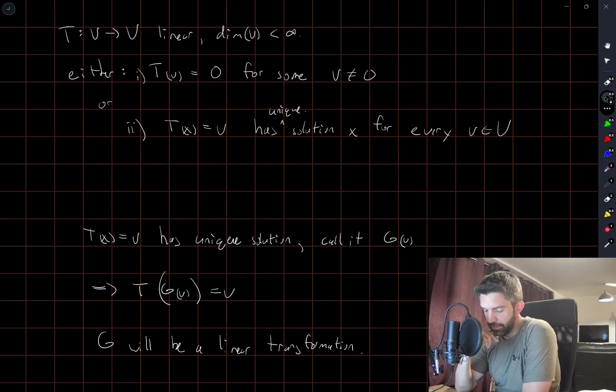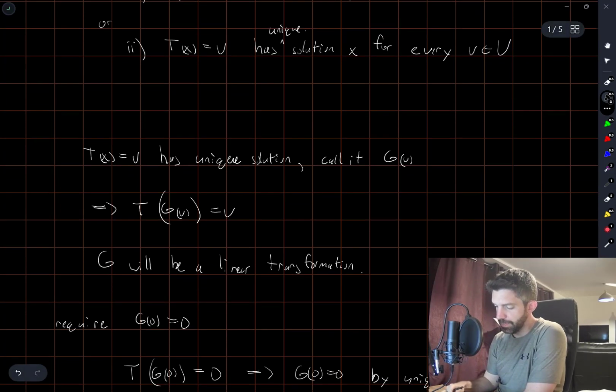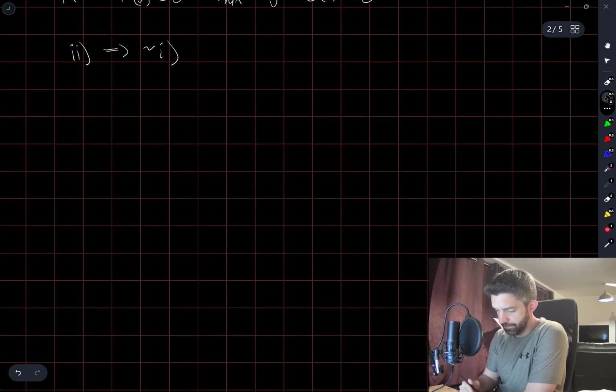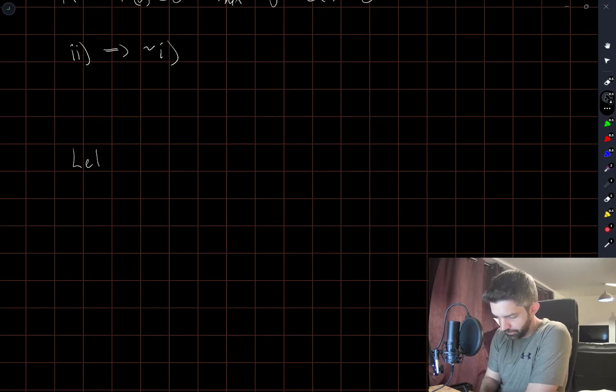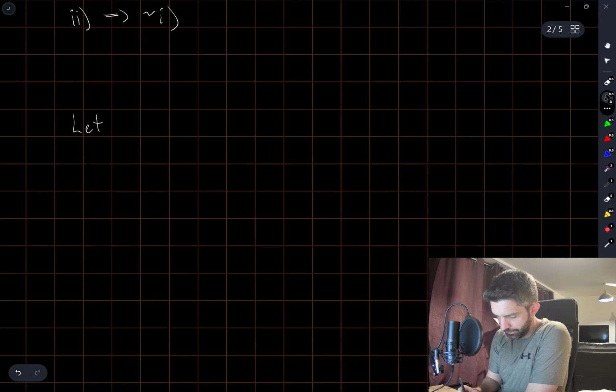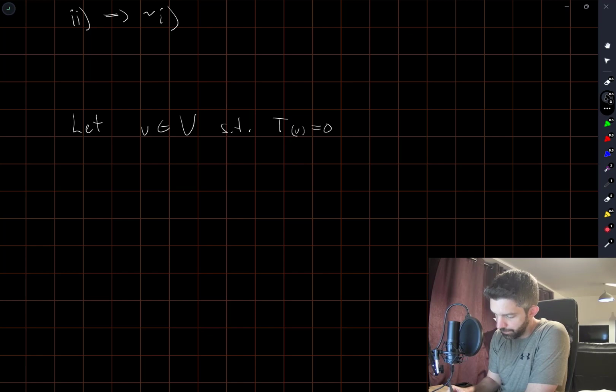So now I want to show that 1 implies the opposite of 2, and that should be easy, right? Let v be in our vector space such that T of v is equal to 0 and v is not equal to 0.